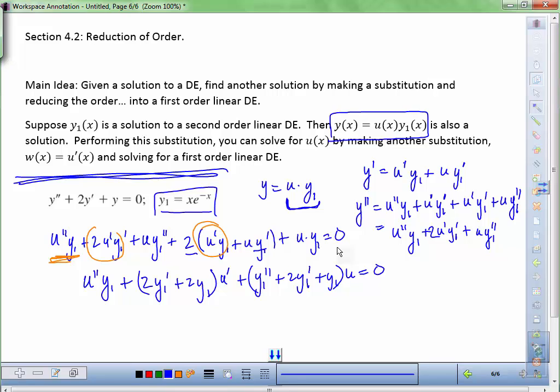Yeah, did you guys catch that? This is y double prime plus 2y prime plus y, and it's y1 that's in there. So because y1 is a solution, when you put y1 into this differential equation, you would get 0.